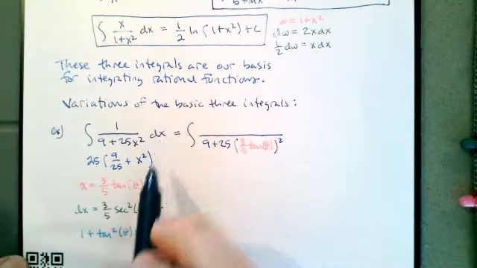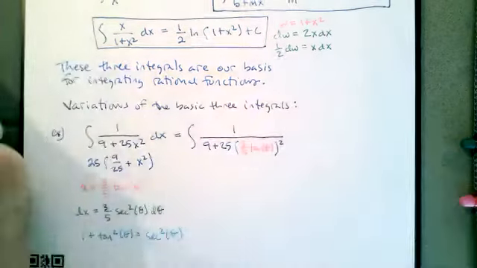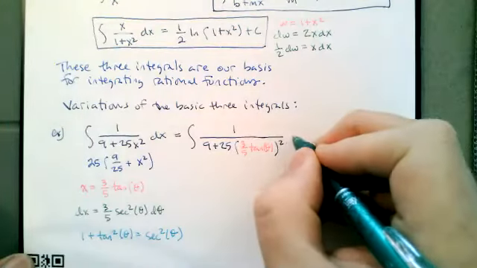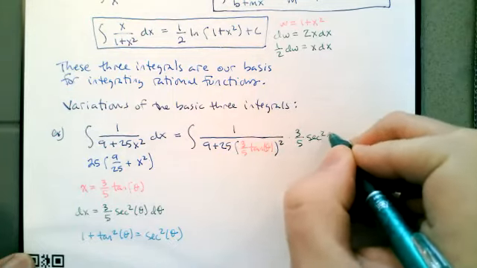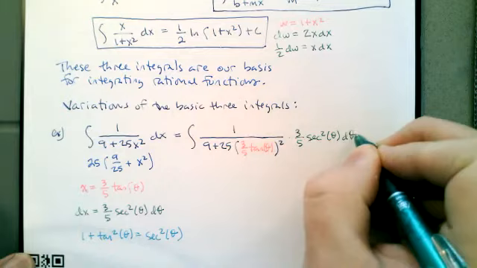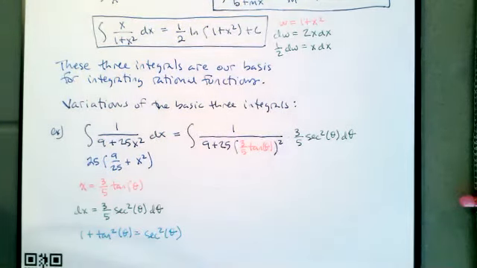And then the dx is 3/5 secant squared theta d theta. The thing that we expect to happen, the Pythagorean theorem, always shows up after the substitution.